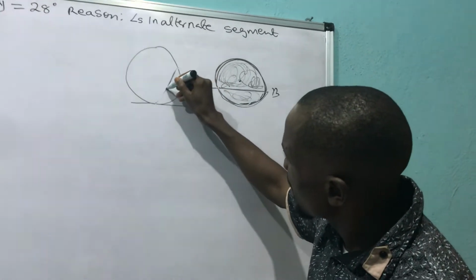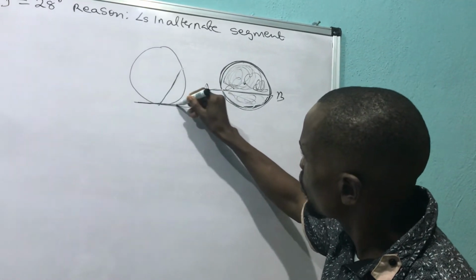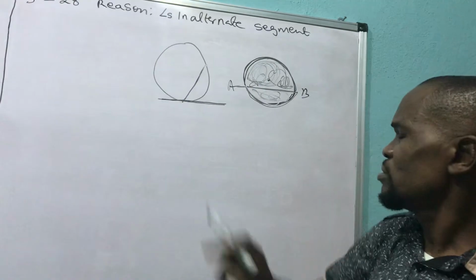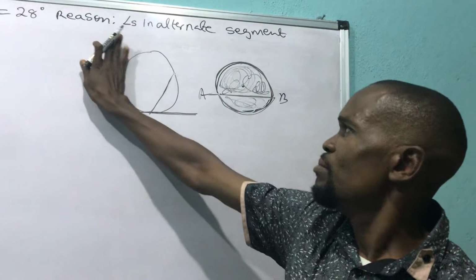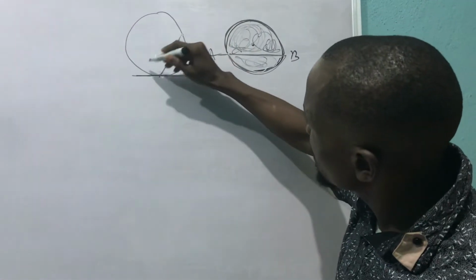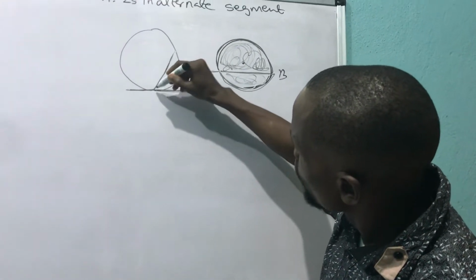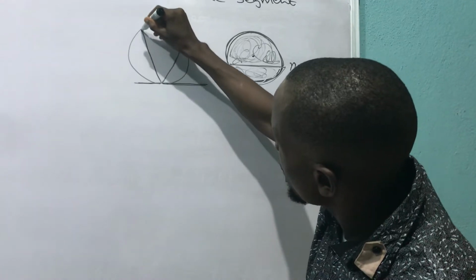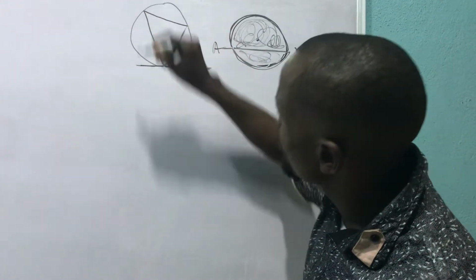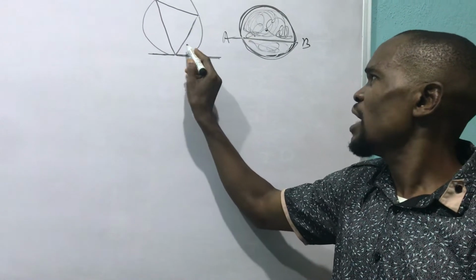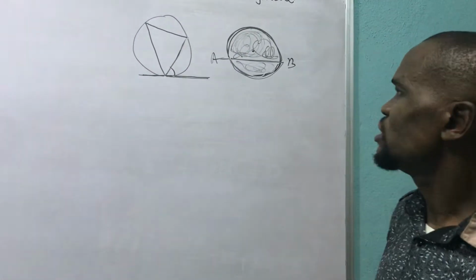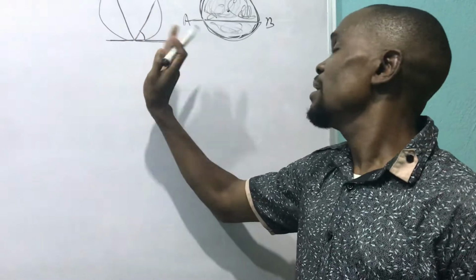So now looking at what I'm saying, this line, a chord, divides the circle into segments: minor segment, major segment. So we now say the angle at the major segment is equal to the angle here, which is at the minor segment.